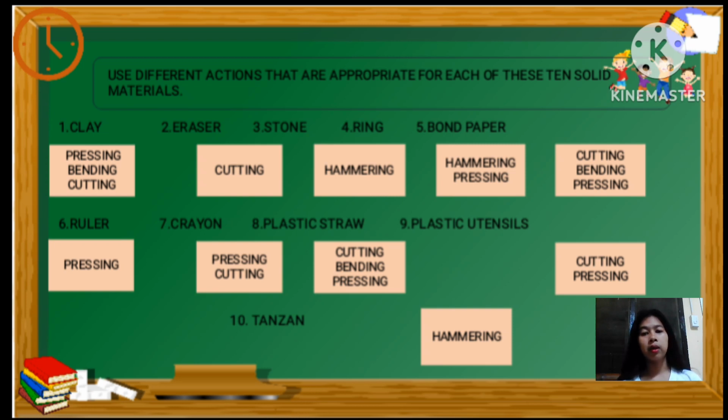Sa bond paper is cutting, bending, pressing. Ruler is pressing. Sa crayon is pressing and cutting. Plastic straw, cutting, bending, and pressing. Plastic utensils, cutting and pressing. And the last one is tansan, hammering. Those actions are the way to alter the materials.